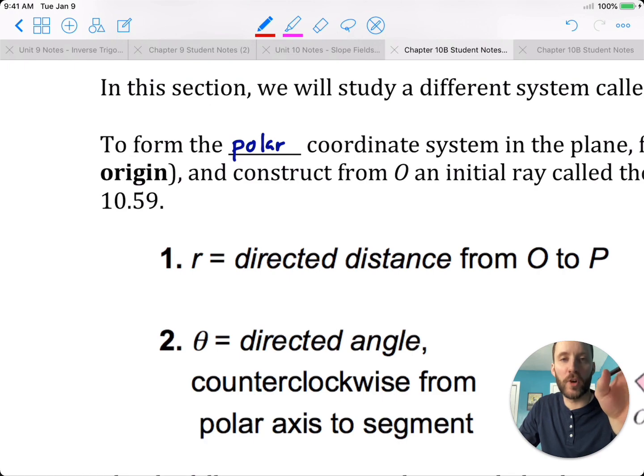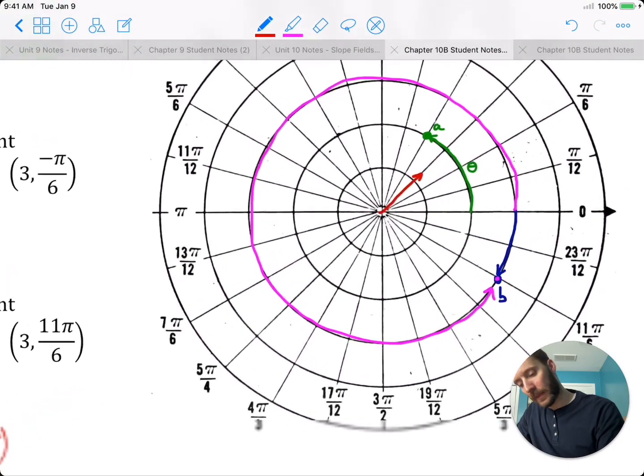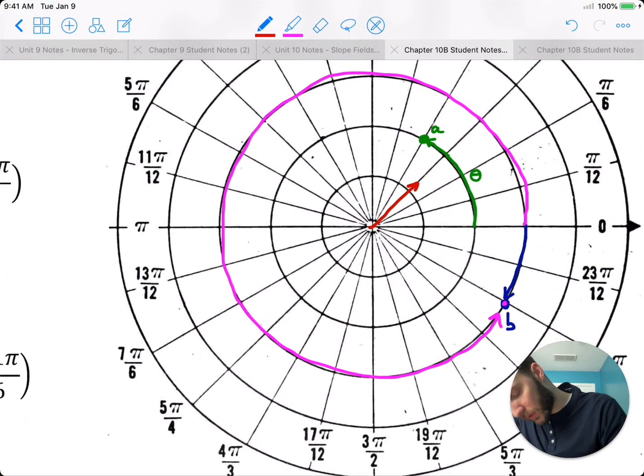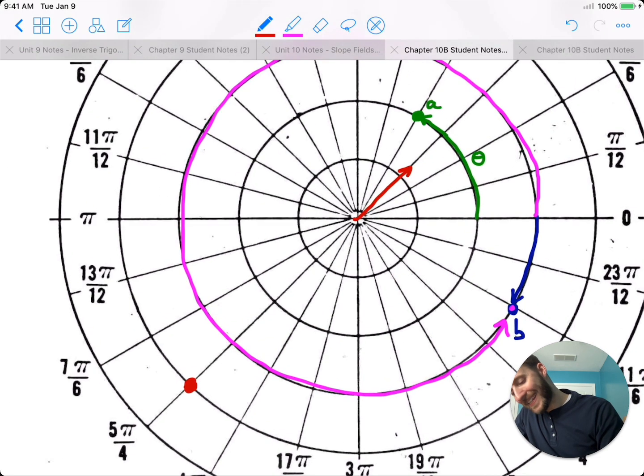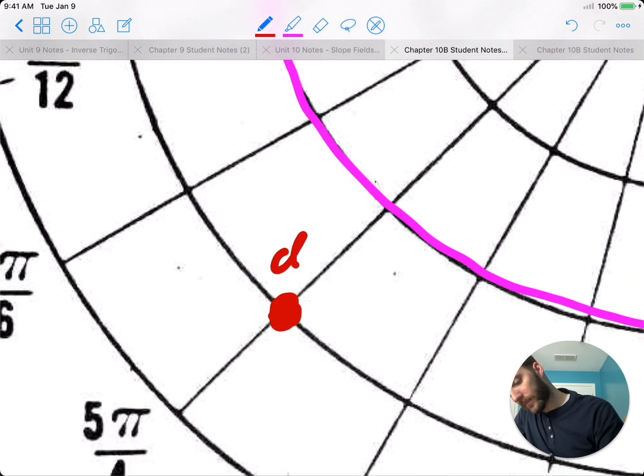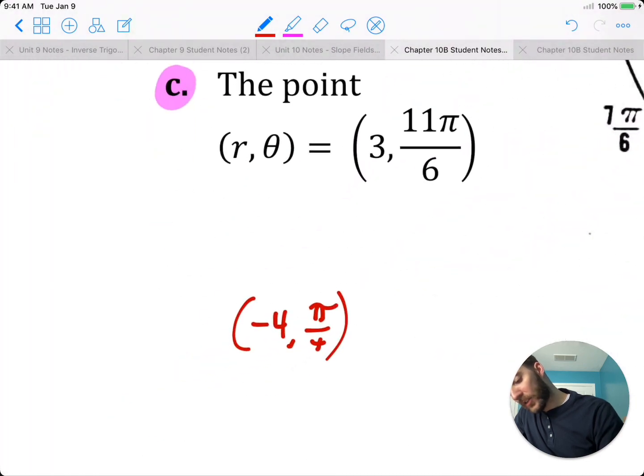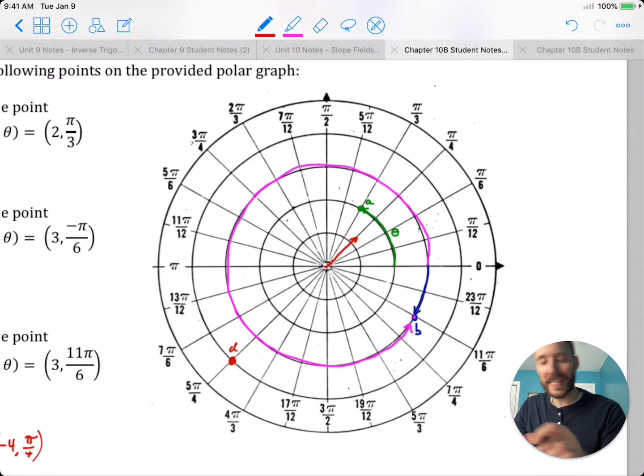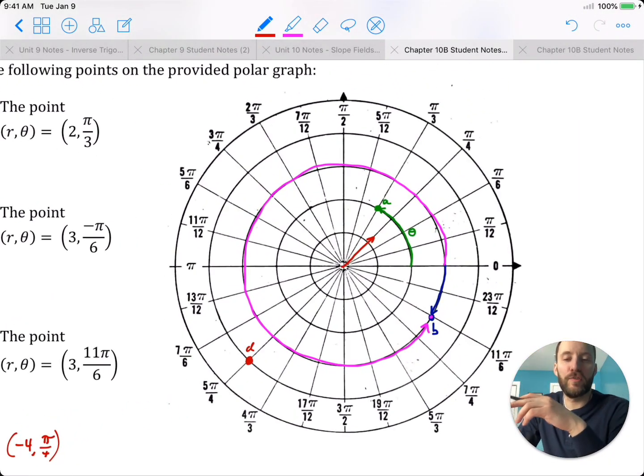So negative 4, go 4 units away from pi over 4. So go down, let's see, 1, 2, 3, 4. My red point, I'll call that D. Alright, so your angle can be negative, or your radius can be negative. If the radius is negative, go away from the angle that you have specified.